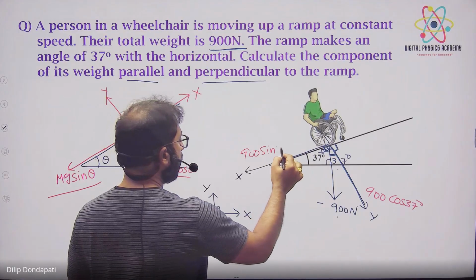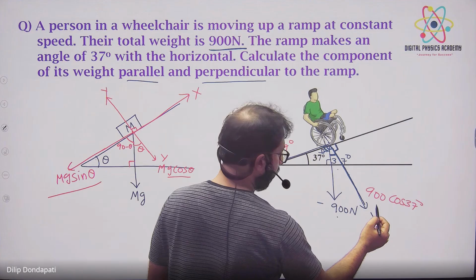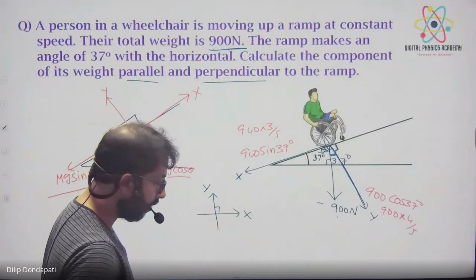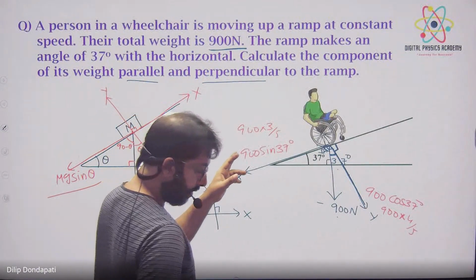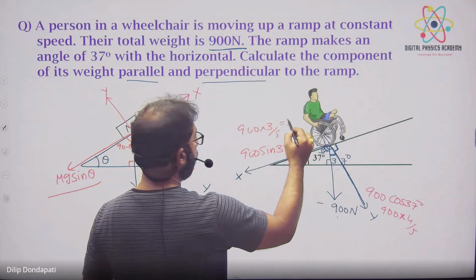What is the value of cos 37? 4 by 5. So that is 720, and the other becomes 540. This is 540 newtons.